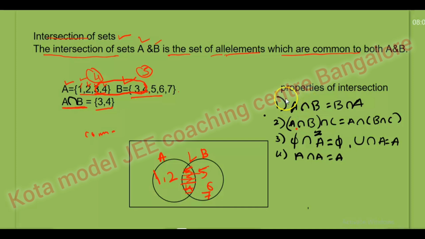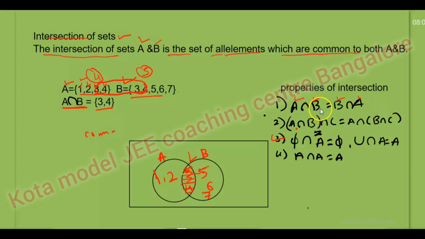Then the properties of intersection are also similar to the union, with a difference only in the third property. The remaining things stay the same.